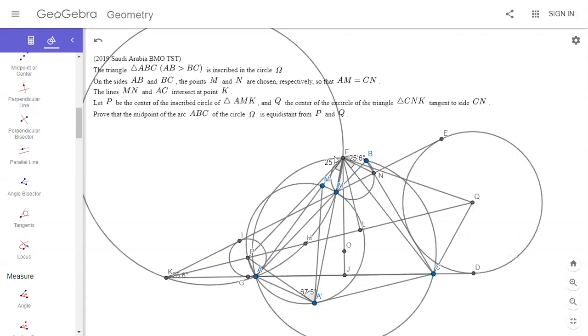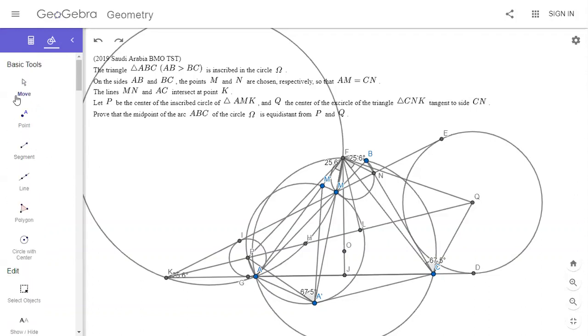All right. Let me just make sure I have it all in my head for a sec. Just half of that. All right, I think I got it. Let me delete stuff and then start the proof from scratch.